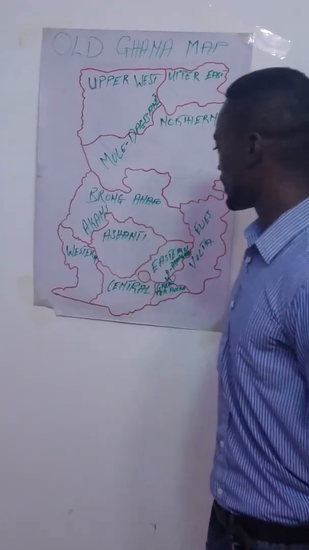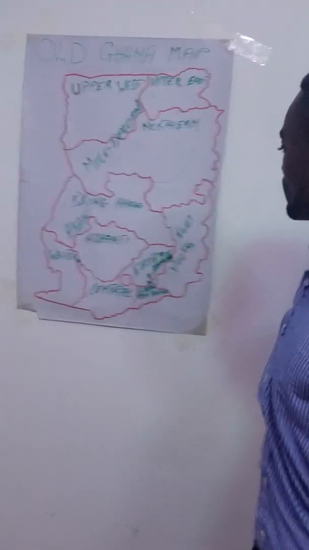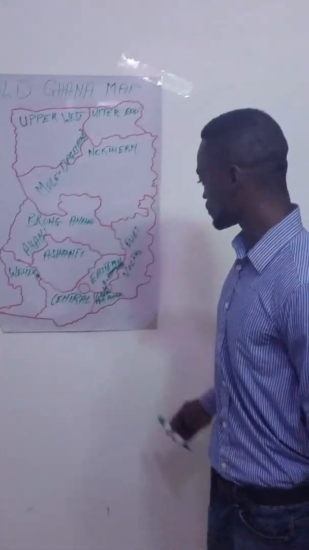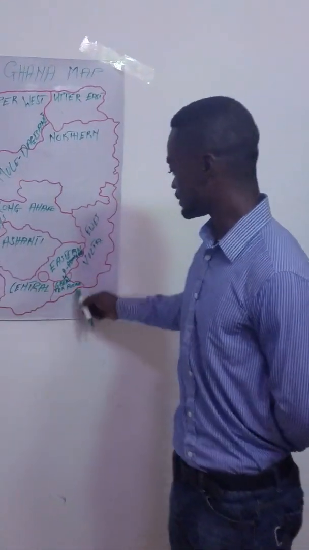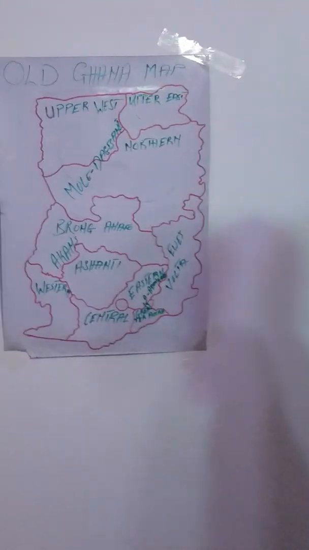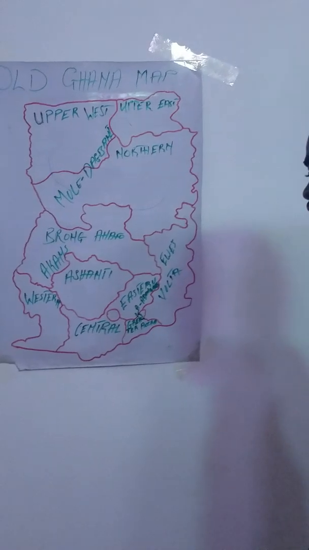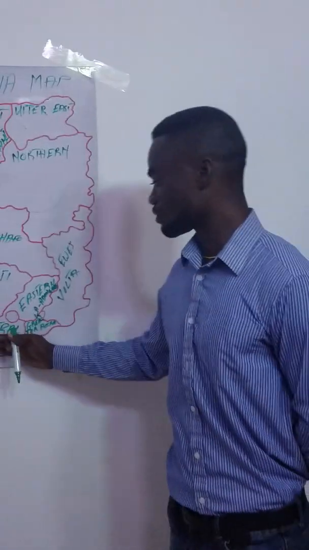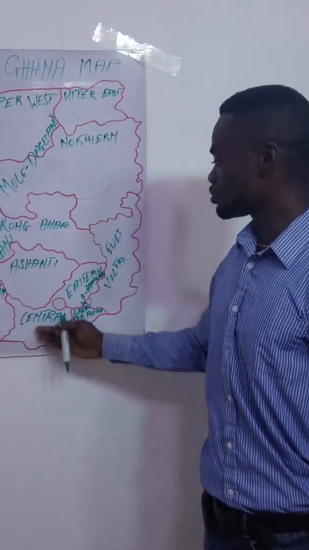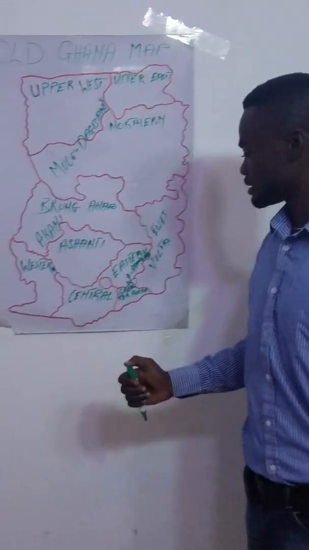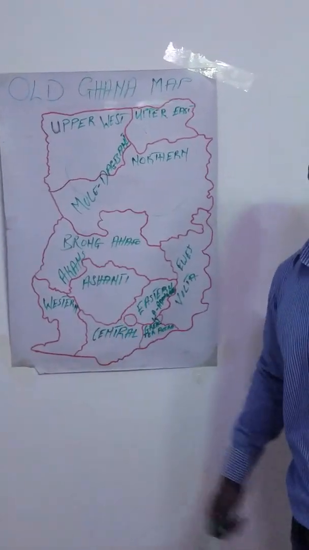The Fantis, on the other hand, migrated from Techiman and then settled around the coastal areas. Why settle at the coastal areas? They could fish from the sea, and they could also make salt from the sea, and this gave them their daily bread.